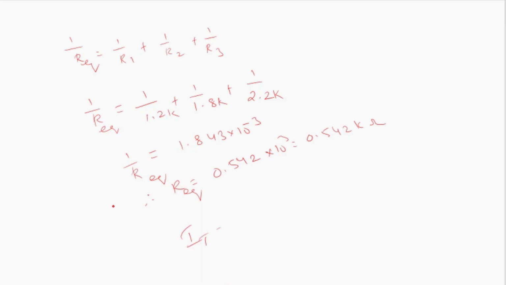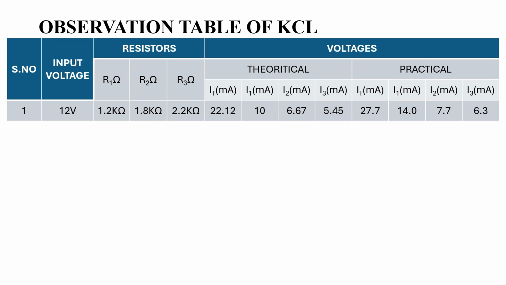Total current IT is equal to V by R equivalent. V is 12 by 0.542 into 10 cube, which will give 22.12 into 10 power minus 3, 22.12 milliamperes. Note down these values in the table.